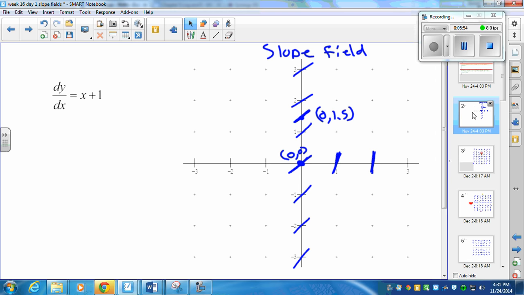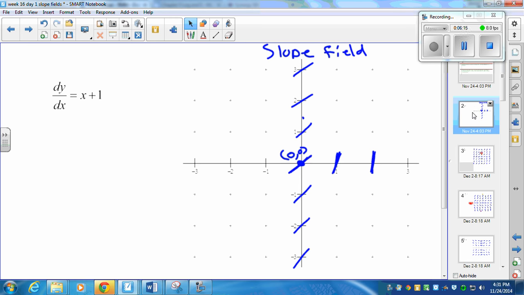So any point you want to do, you can plug it in and get a little arrow, per se, a little slope part. Now, that 0, 1.5 you can have there, but I'm only going to do it on the grids, on the little nodes, just to keep it a little bit nicer.